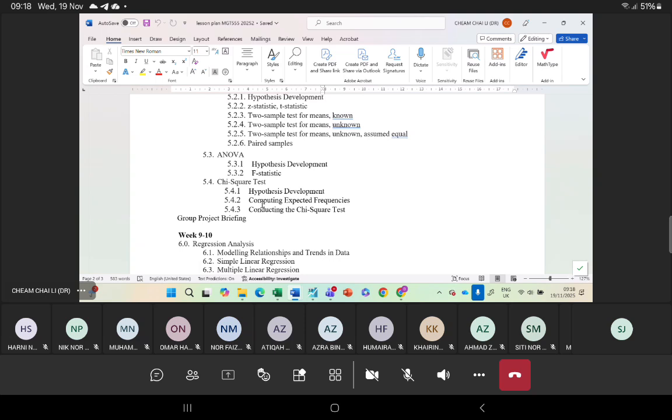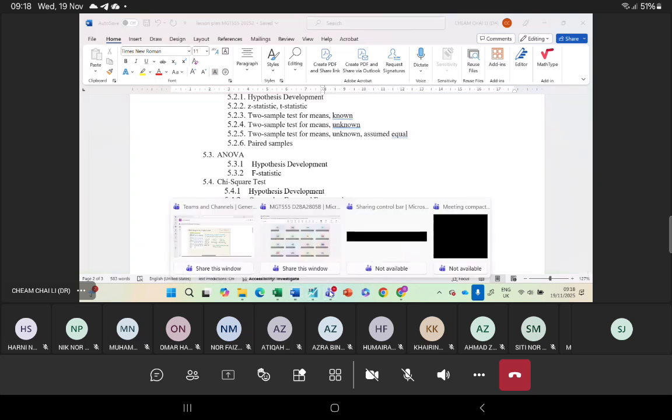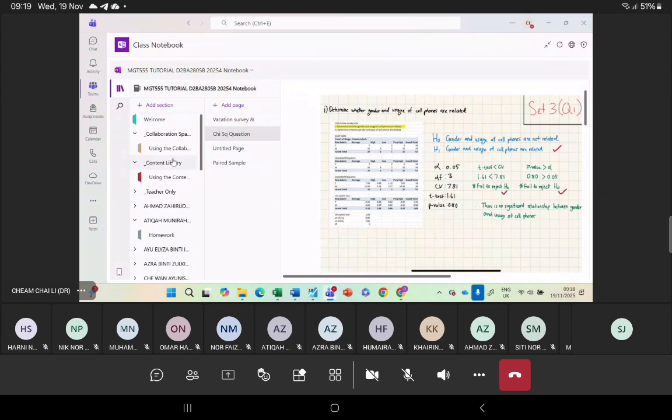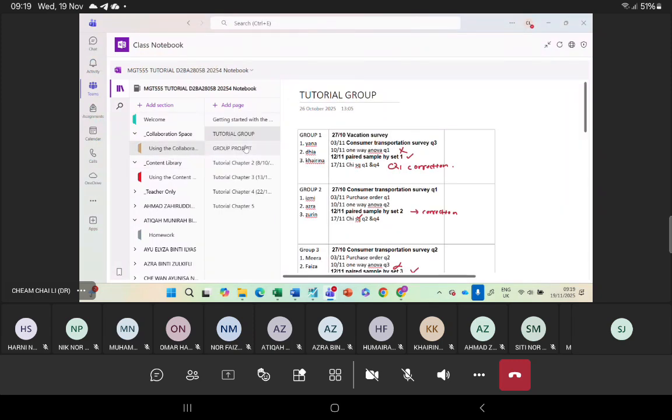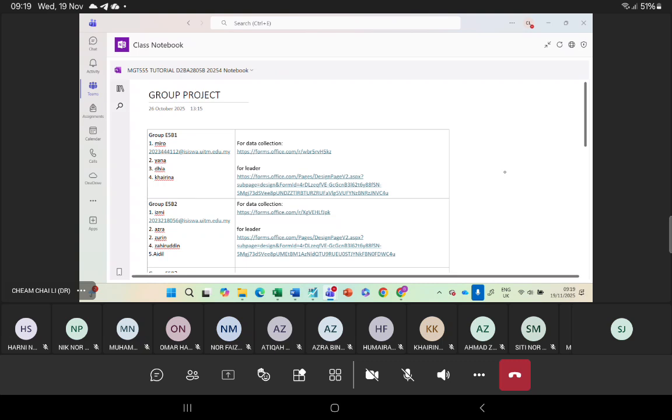So if you have 4 to a group, kan, so 4 orang dalam satu group, that means you need to collect at least 40, at least, yeah. At least tu maksudnya sekurang-kurangnya, but you can have more than 40. Yeah, when you study statistics, kan, the more the sample size, the better will be the result, right?